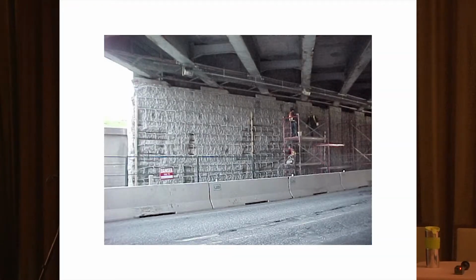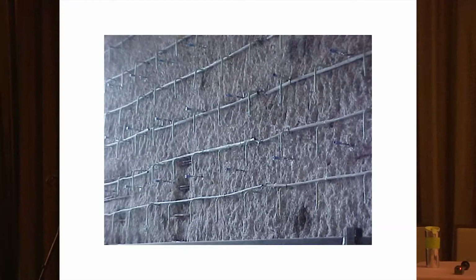They decided they had to remove the superstructure and deck, but we were able to save the underlying abutments. We did the work in advance by installing these distributed anodes. You have to look carefully here, but there's a series of distributed anodes placed on these abutment walls.